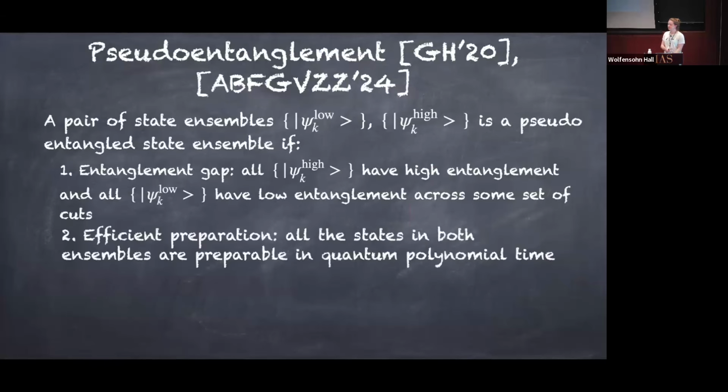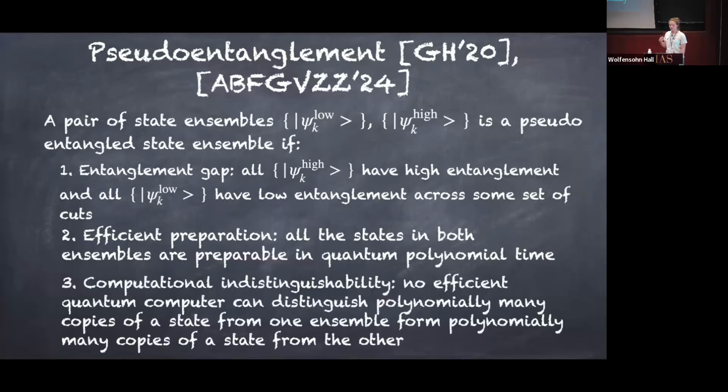We're also going to need both these sets of states to be efficiently preparable. When I say efficiently preparable, I mean they should be preparable by a quantum computer acting in polynomial time, starting on some product input state. And this efficient preparation is important because we're going to require that these states are computationally indistinguishable.